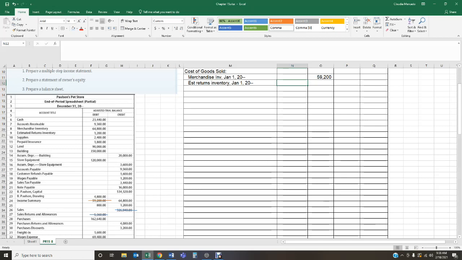If you notice up here, we've got merchandise inventory 64,800. Estimated returns inventory 1,200. Now these two numbers are on this side of the adjusted trial balance, which means that these were my original amounts. So my 59,200 was my original beginning merchandise inventory. My 800 was my original return inventory, or estimated return inventory. Okay, so I'm going to get those $800.